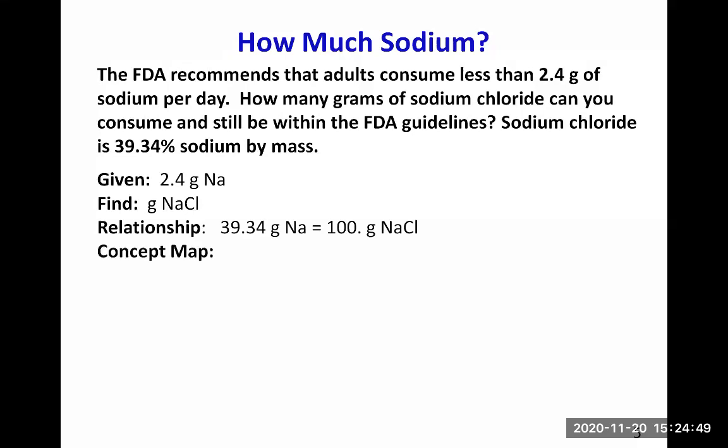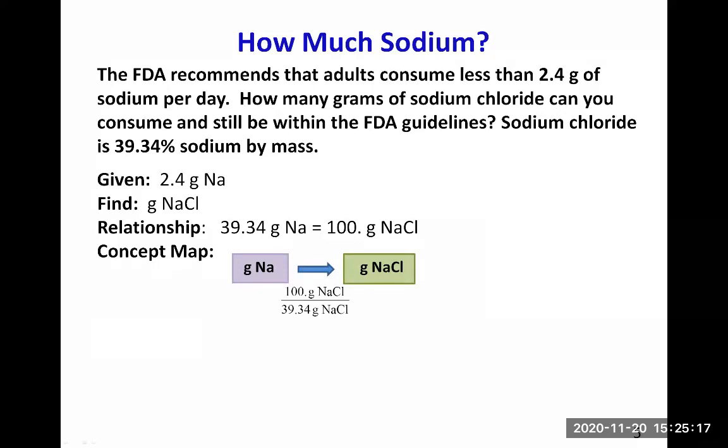So the concept map will look like this. We have grams of sodium to start with, and we want to find grams of table salt, or sodium chloride, that we can eat per day. So we have a relationship that relates these two. So it's going to be only one conversion factor here.